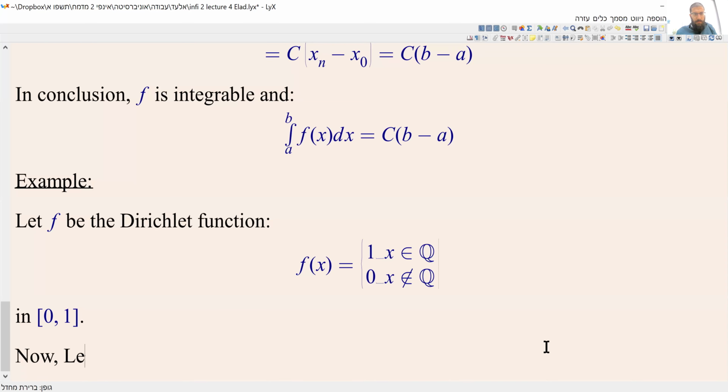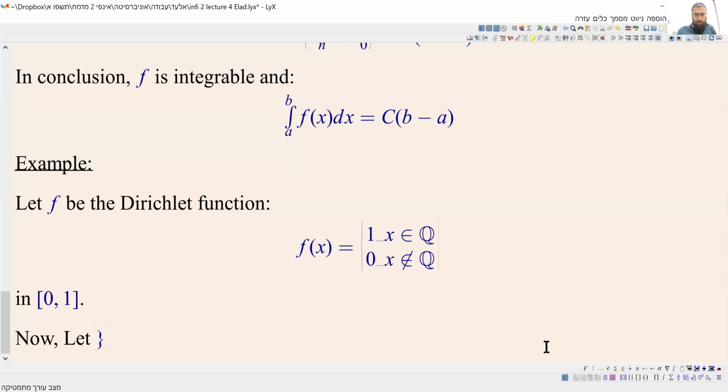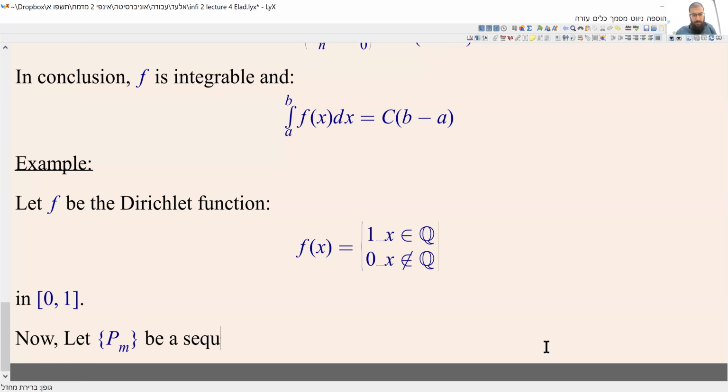Now, let PM be a sequence of partitions.